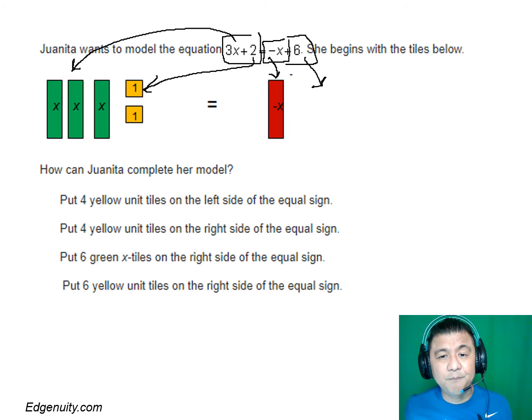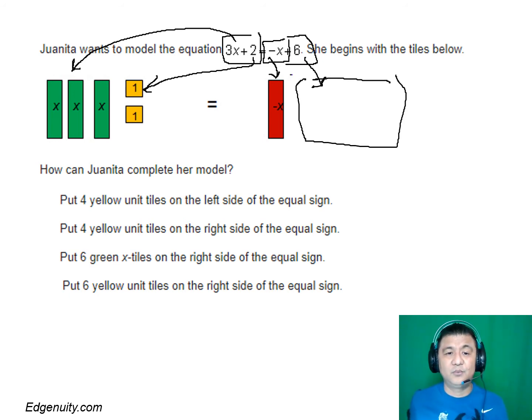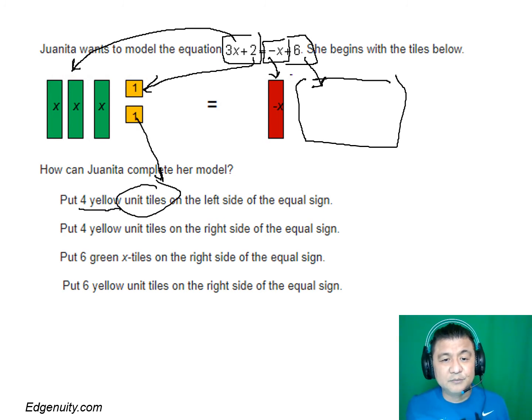So how will the plus 6 look here? What will I draw? Remember, in the plus 2, we added 2 little yellows. So will I put 4 yellow unit tiles? Unit means 1. Will I put 4 yellow tiles on the right side of the equation? No, it's not 4.